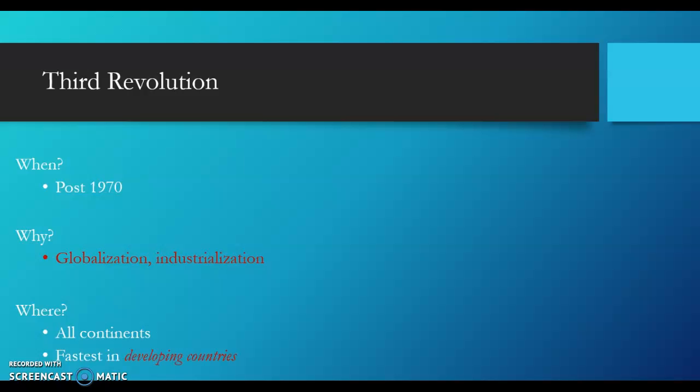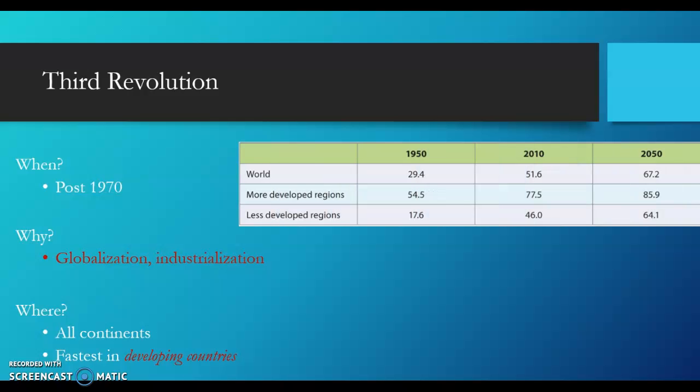You'll recall how we define developing countries: countries that are seeing rapid economic growth, countries that are transitioning from an agricultural-based economy to a manufacturing-based economy, and countries that are seeing increases and improvements in human index measures like gender equality, education, quality of life. So we're seeing this third revolution impact all areas, all spots around the world.